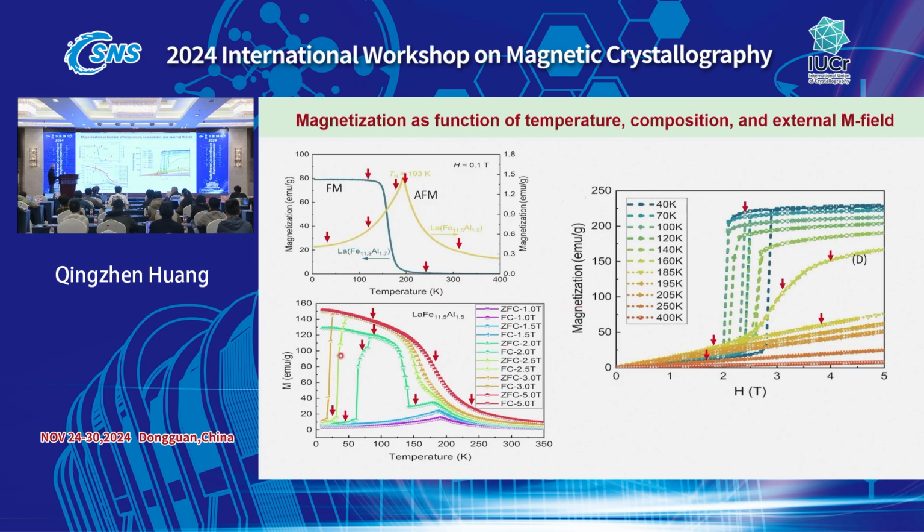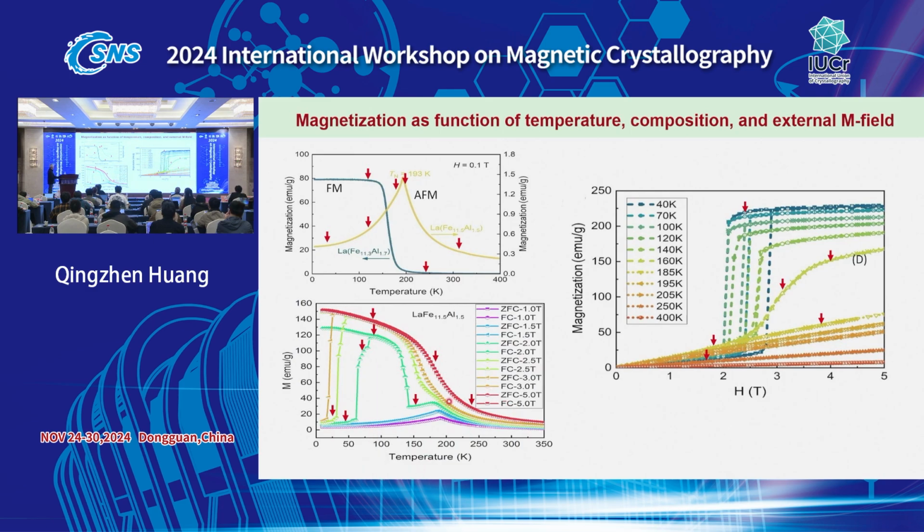And here I gave an example of the composition-dependent MT curve. Here are different compositions, and at a certain composition there are different magnetic fields applied. So their behavior is quite complicated.